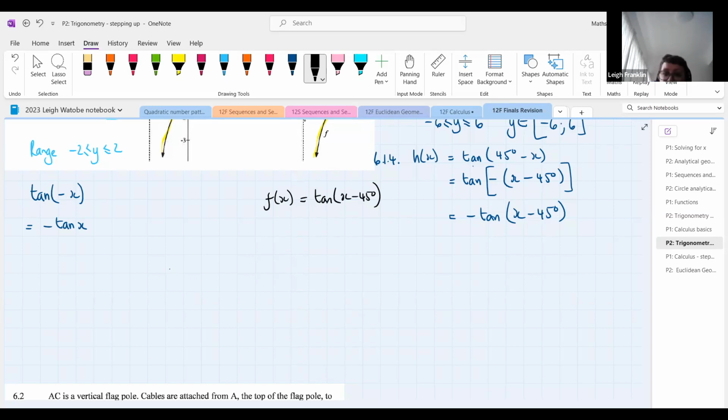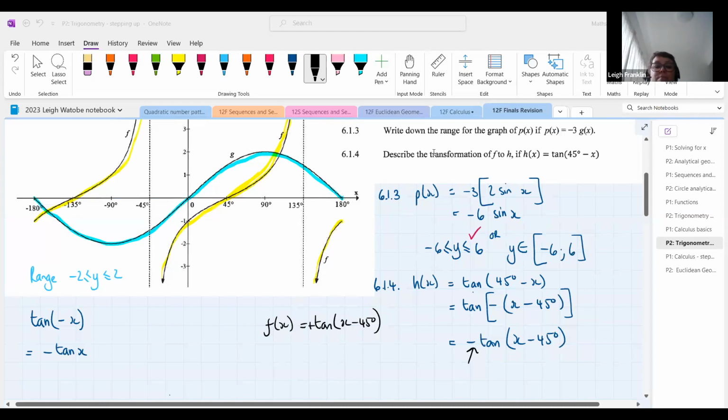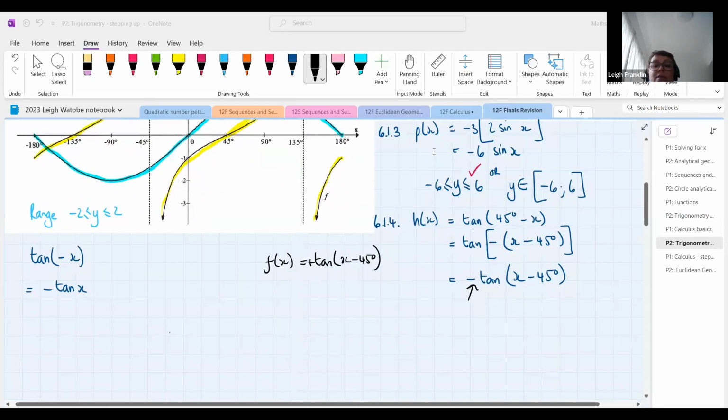So y has changed sign, hasn't it? Because here it's positive, and here we've got a negative. So y has changed sign. If y has changed sign, I have reflected my graph over which axis? If y changes sign, what have I done? That's it. I have reflected.